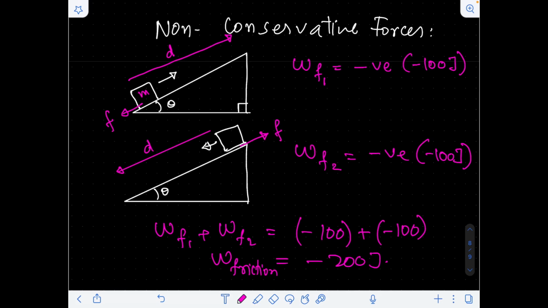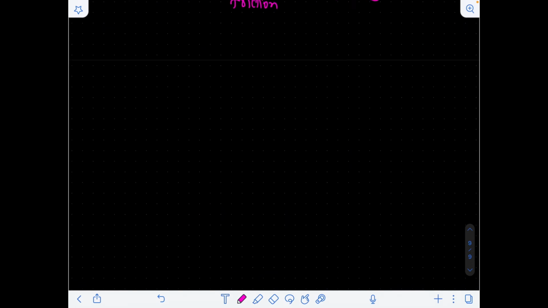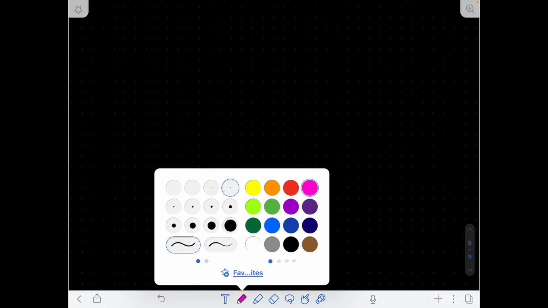One more thing we can discuss about friction under the non-conservative forces is that in this case the mechanical energy is not conserved. Let's consider it with this example. I am saying mechanical energy is not conserved in non-conservative forces.